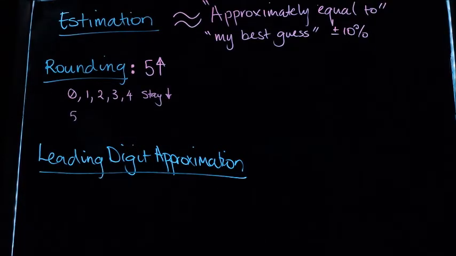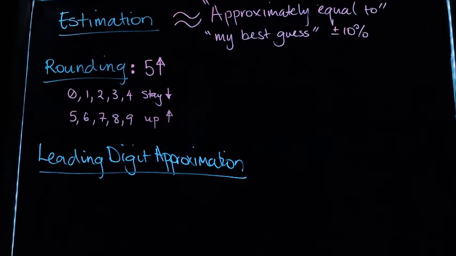And whenever we see a 5, a 6, a 7, 8, or a 9, we're going to round up. We're going to go up. So just to point that out to you, I think that's important.